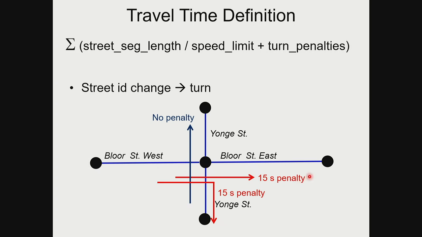This is way easier for you. You just need to check if the street ID changed. You don't have to figure out whether you are still on the same street realistically or not. And this is also easy for us to test, because there will be multiple valid solutions if we say that this is not a turn, and it's going to be hard for us to test your code.